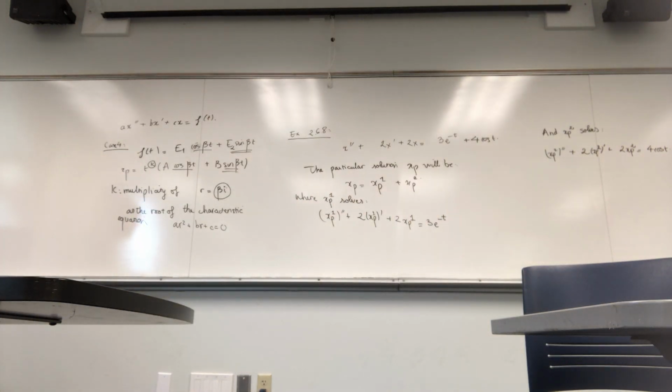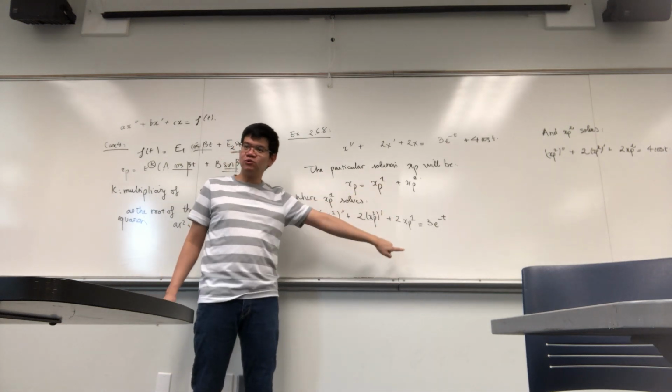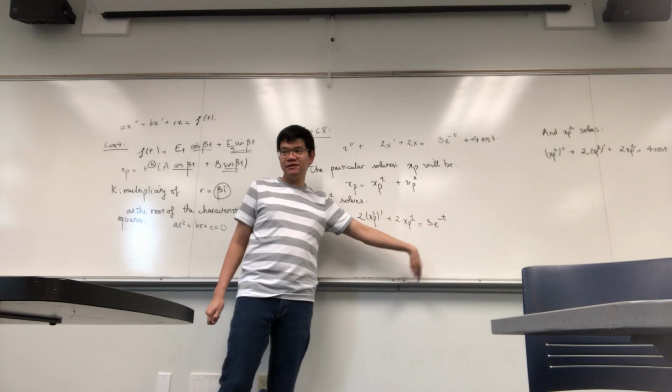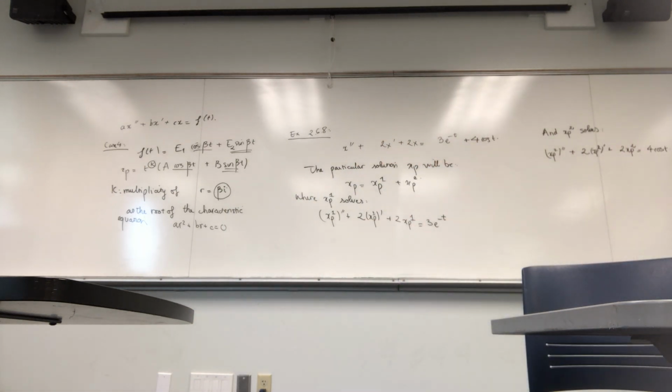So the particular solution will be the sum of two terms. The first one is the particular solution for 3 e to the power minus t, and the second one is the particular solution of the equation in which the force is 4 cosine t. Questions?